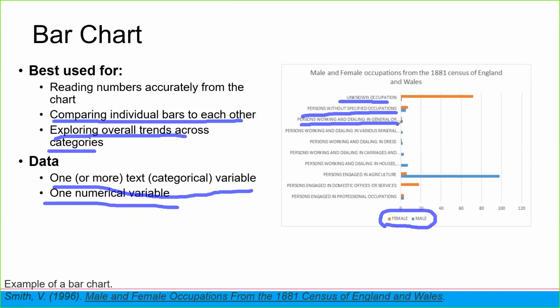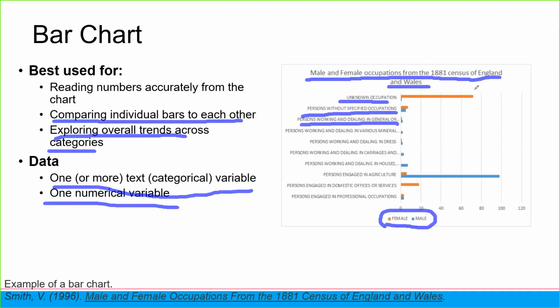So the title is about male and female occupations from the 1881 census of England and Wales. So this is the census data. It means it is related with the occupation of male and female in England and Wales.